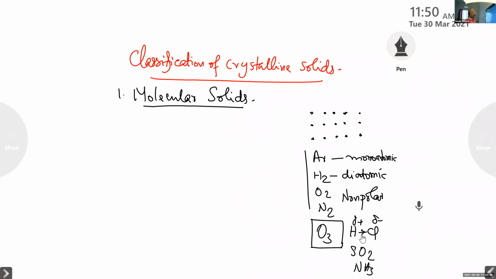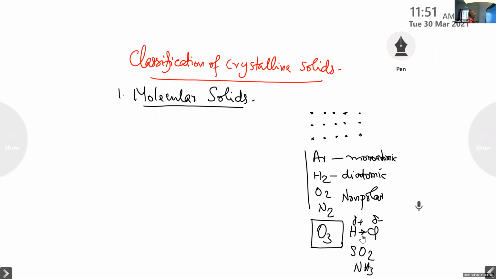The attraction between the molecules may be either the London forces or dispersion forces, or dipole-dipole interaction, or the attraction may be through hydrogen bonds.